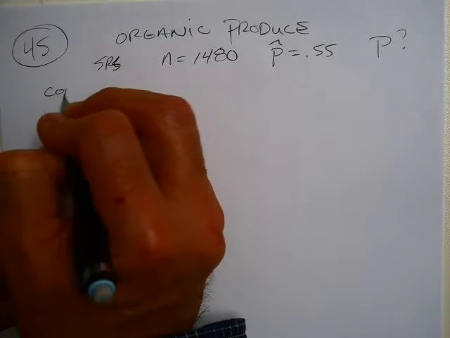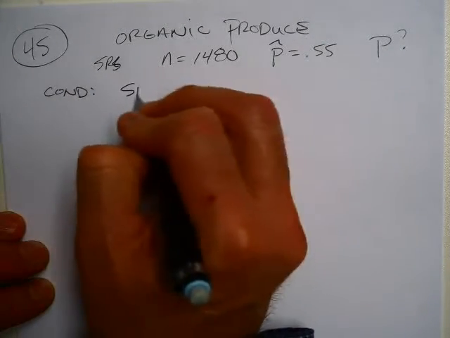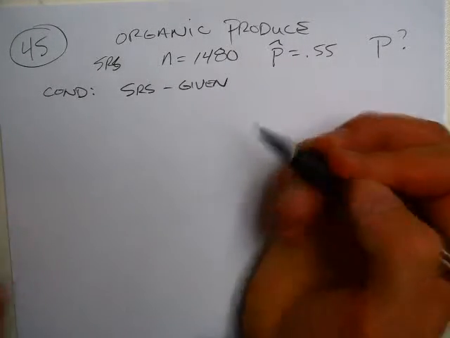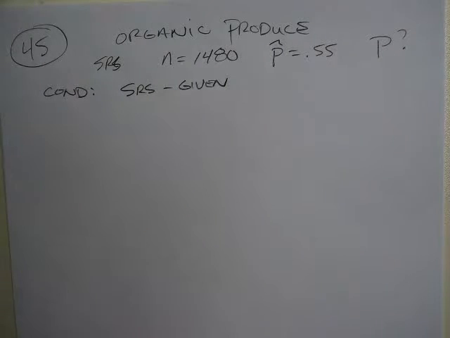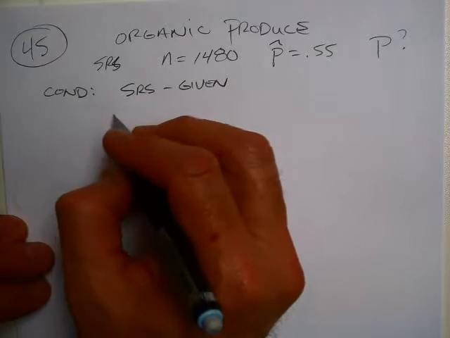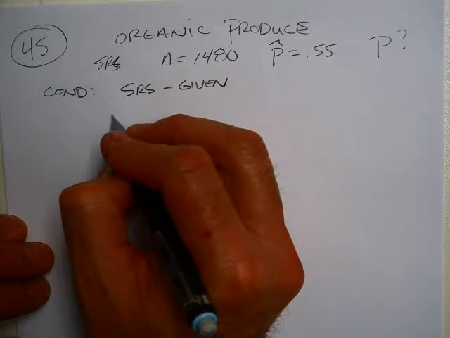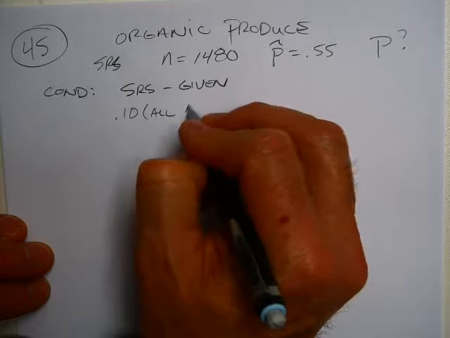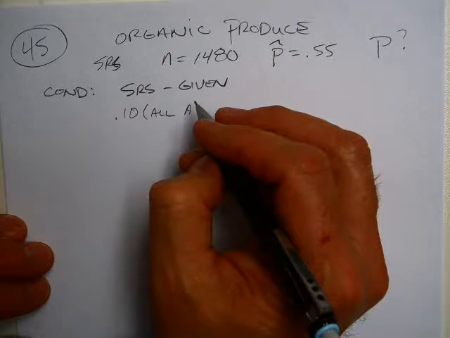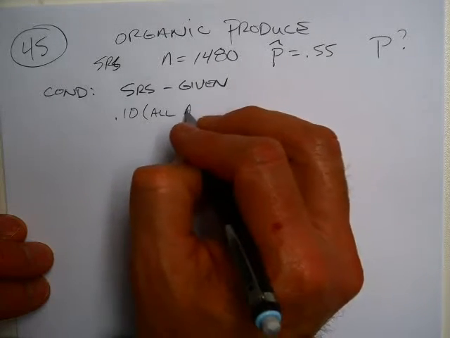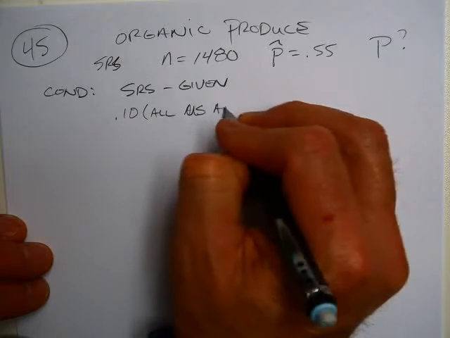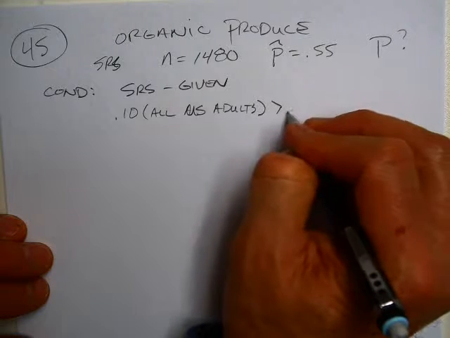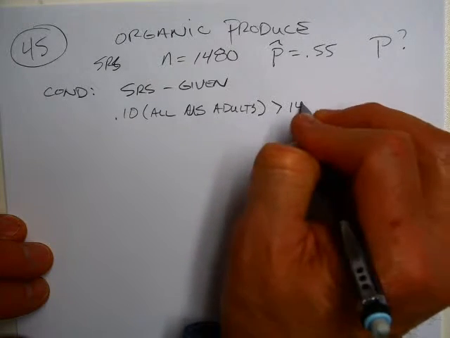So we need our conditions. SRS, that's given, or just a random sample given. 10% rule. Is it reasonable that 10% of all Americans, I think that's who was in the survey, all U.S. adults, is greater than 1480?